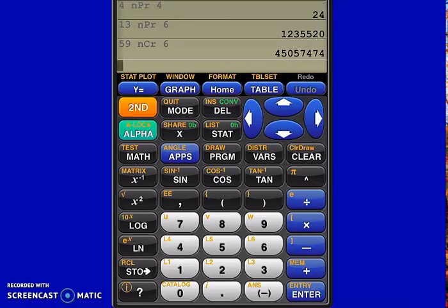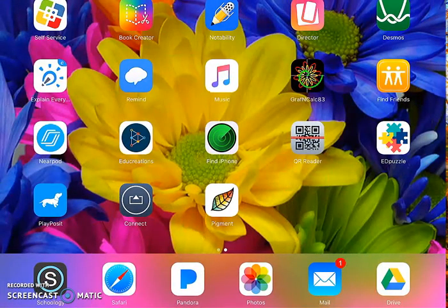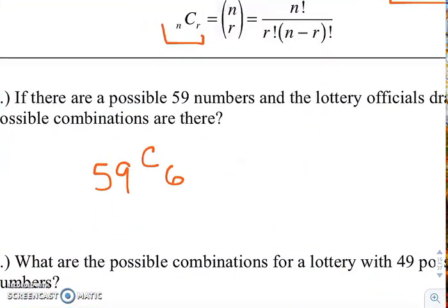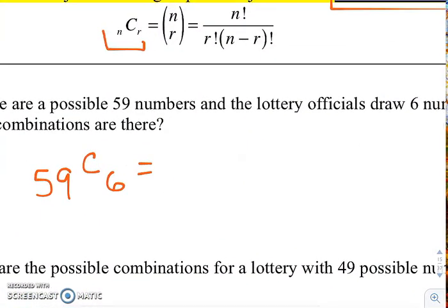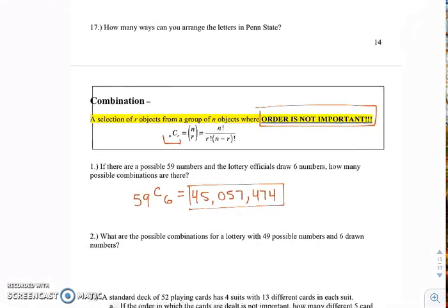So it looks like 45 million, 57,000, 474 different ways just to pick 6 of 59 numbers. And people wonder why they don't win the lottery.